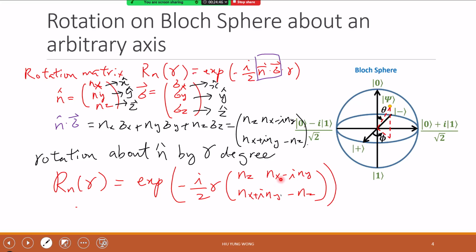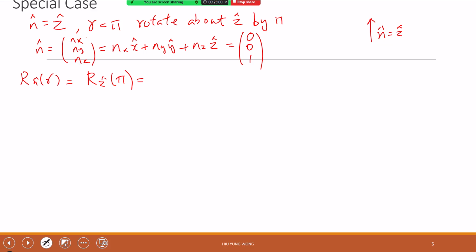Because nx and ny are 0, these two off-diagonal terms are 0. And then nz is 1, so this is 1, negative 1, times negative i divided by 2 gamma. So this is very easy: just exponential of negative i gamma divided by 2 times the matrix 1, 0, 0, negative 1.